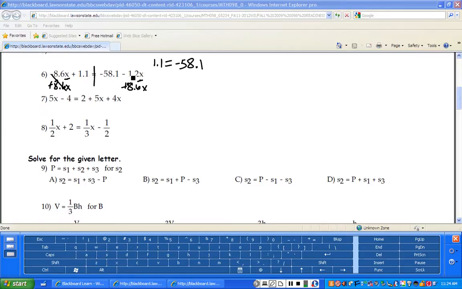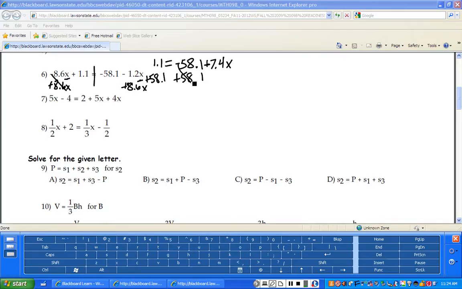Alright, so now I say a negative 1.2x plus 8.6x, and that gives me a positive 7.4x. So now to get x by itself, I move the constant first, which in this case is the negative 58.1. So add 58.1 to both sides.